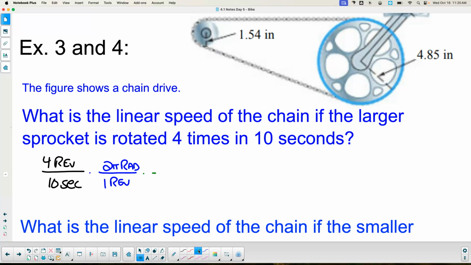And 1 radian on the big sprocket is 4.85 inches. So that gives me my speed in inches per second. 12.189 inches per second.